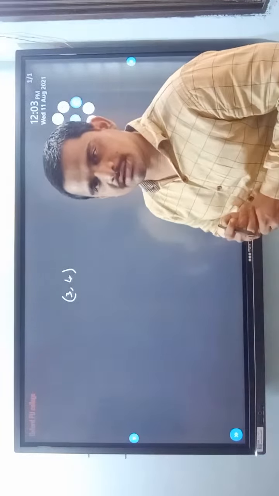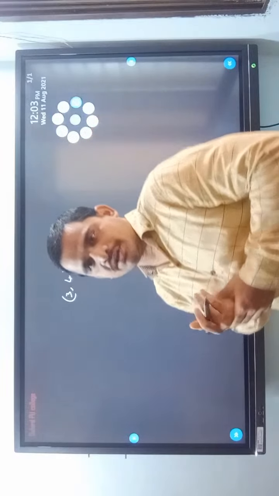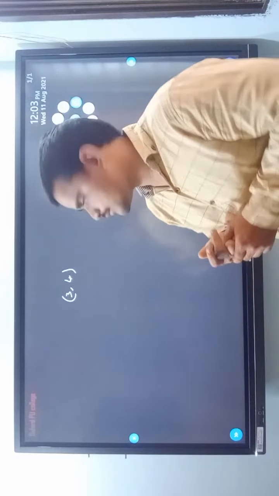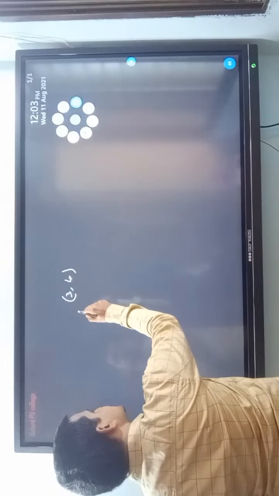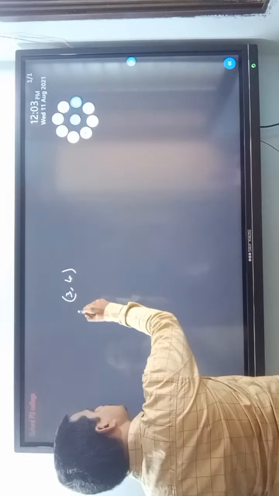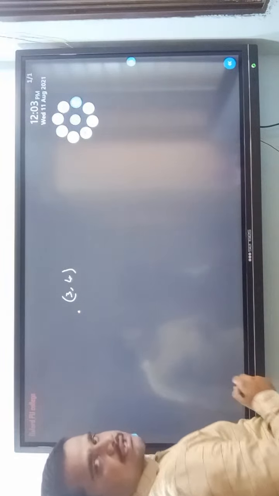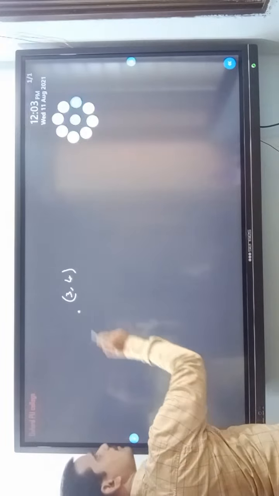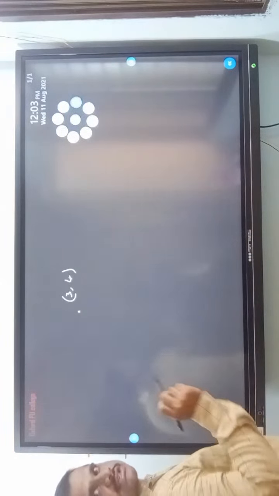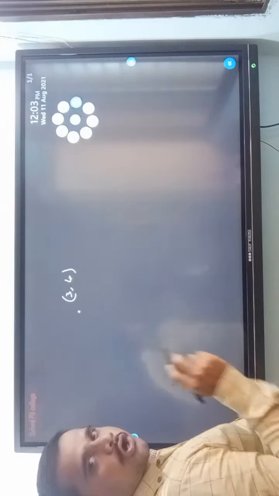Okay, fine. So if you observe here, this is a point at the coordinates 3, 4. What is the meaning of writing the coordinates?